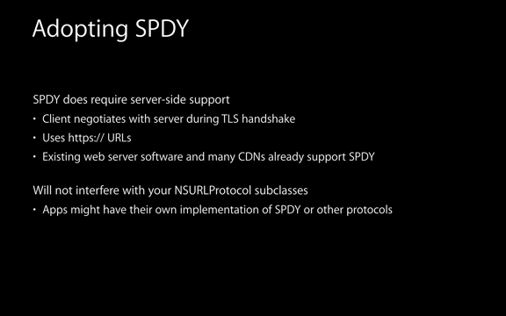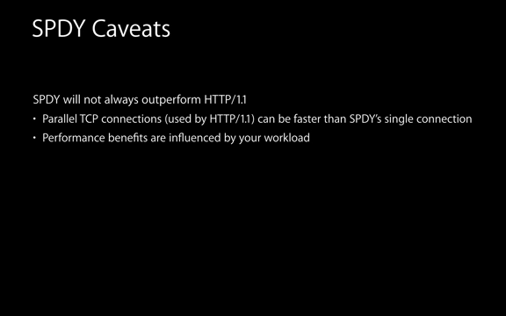So I mentioned that we found that SPDY could be up to 25% faster than HTTP 1.1. And I want to go into a little more detail about the performance and expectations. Naturally, parallel TCP connections in some cases can be faster than a single SPDY connection. What we've found is that whether or not SPDY is going to be faster depends on both network conditions and your workload.